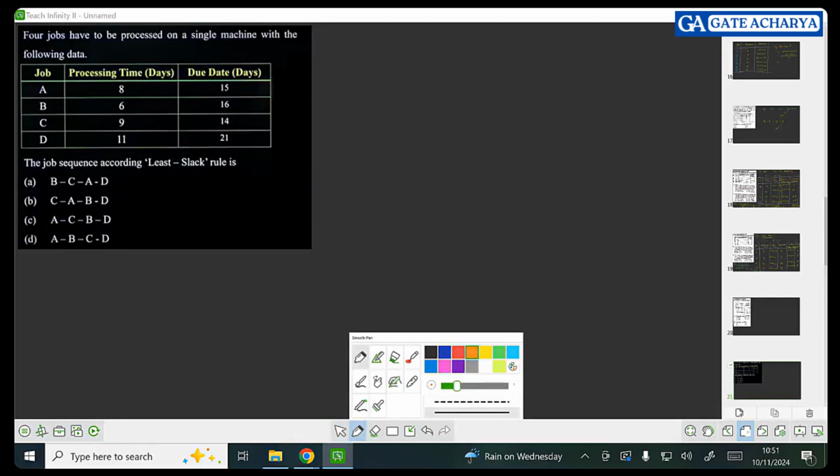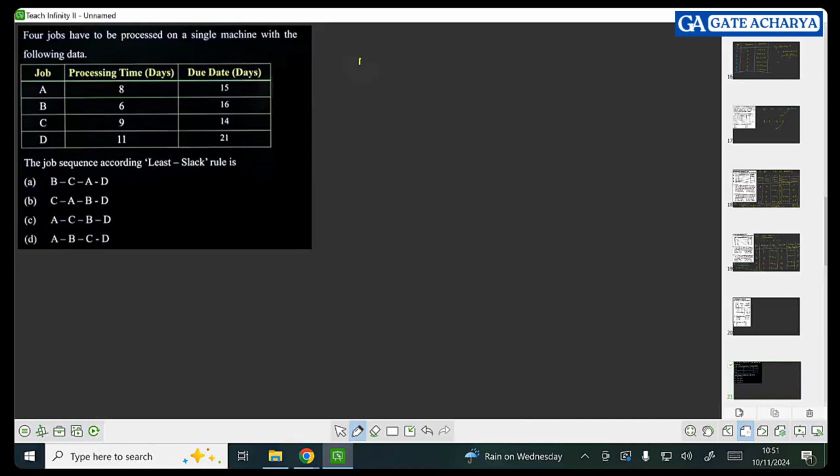Right. Now here, the table has job, processing time and due date. Now here you need to find least slack.